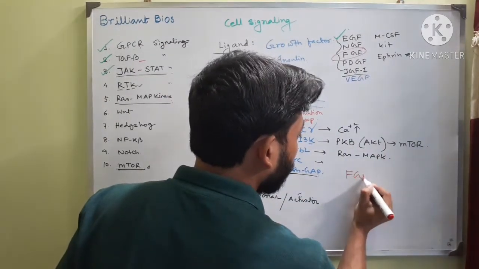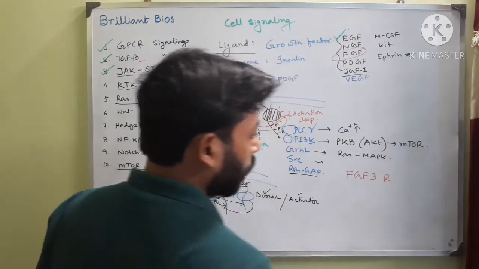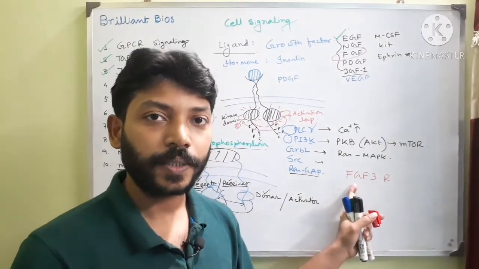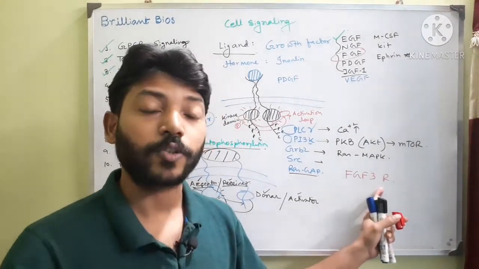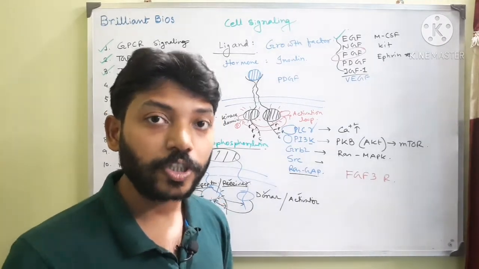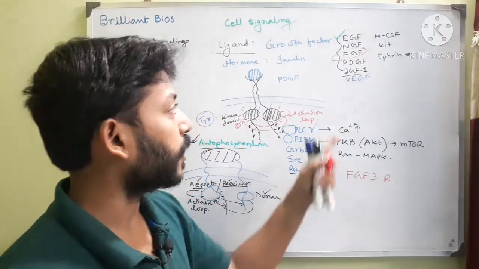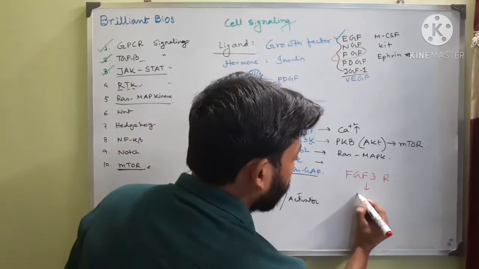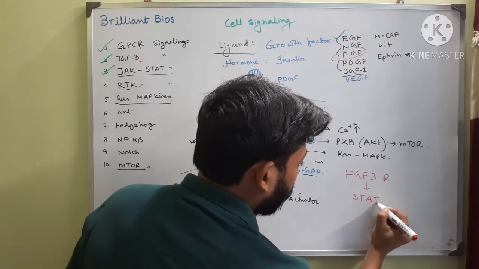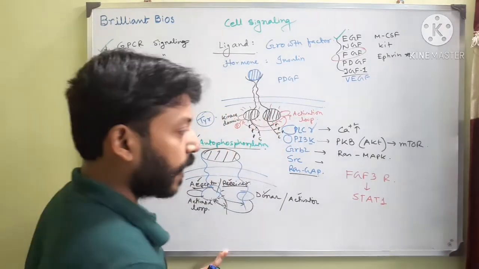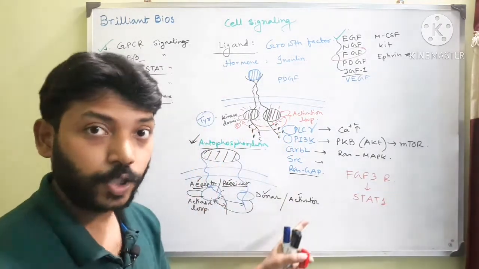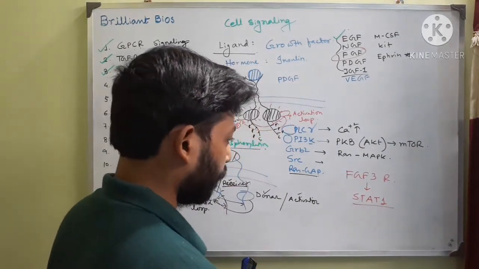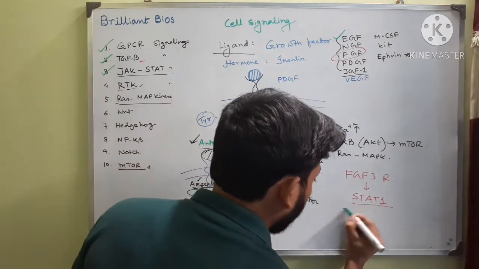In case of FGF3 receptor, it has been found that if there is any mutation by which this FGF3 receptor gets constitutively activated without presence of FGF, then it activates its protein called STAT1 transcription factor. This actually occurs prematurely, and this leads to a disease called thanatophoric dysplasia.